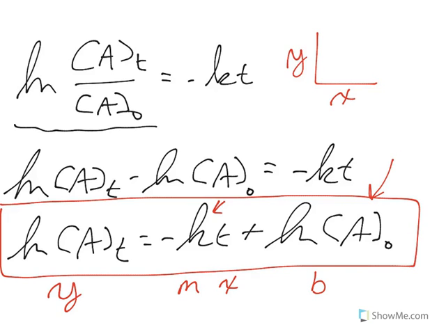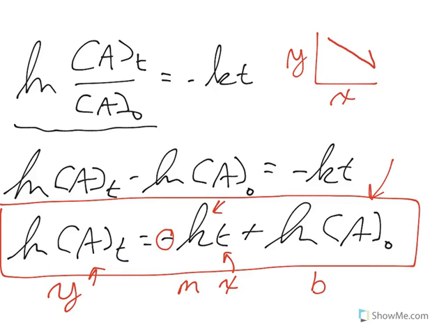So if we look here, X is a variable, right? And y is also going to be a variable, okay? What I mean by that is that the concentration of A at a particular time is going to vary depending on what that time is. So this is a linear line, and if you notice, it has a negative slope.